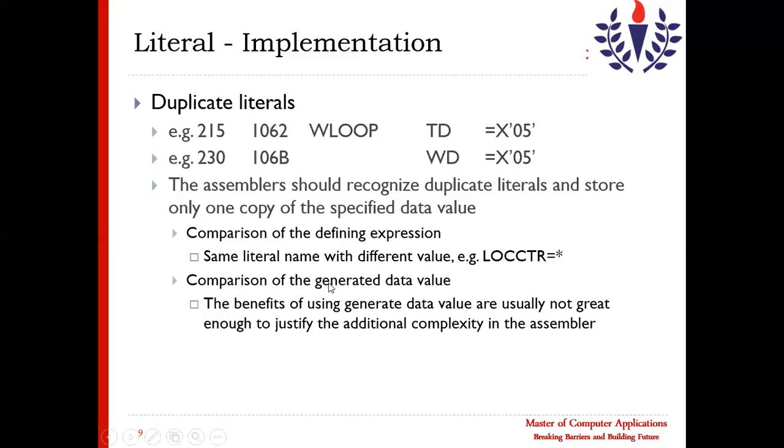And comparison of generated data values: when the data value for our constant operand is generated, how will they be compared. They are usually not great enough to justify the additional complexity in the assembler.